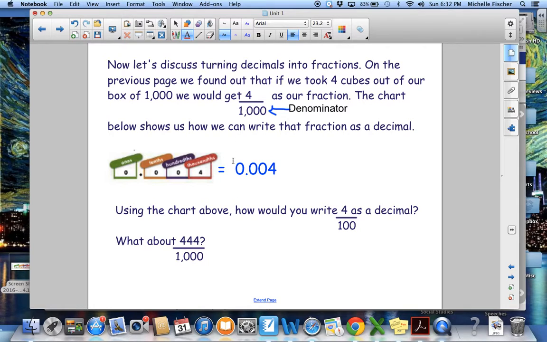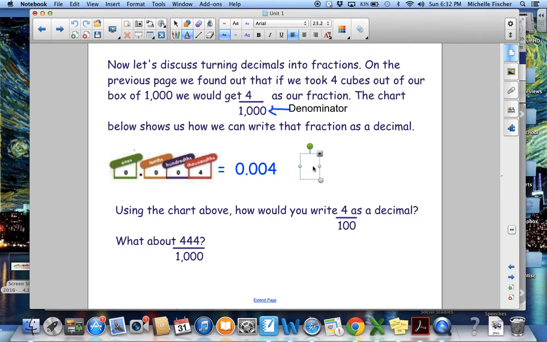So here, since we have 4 over 1,000, we are going to put that 4 in the thousandths place. Now we have to make sure that we fill in every place in front of that 4 with zeros, because if we don't do that, we're going to get a completely different number.